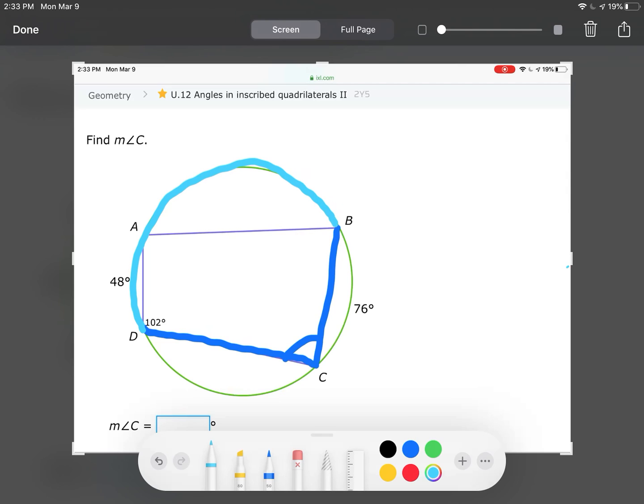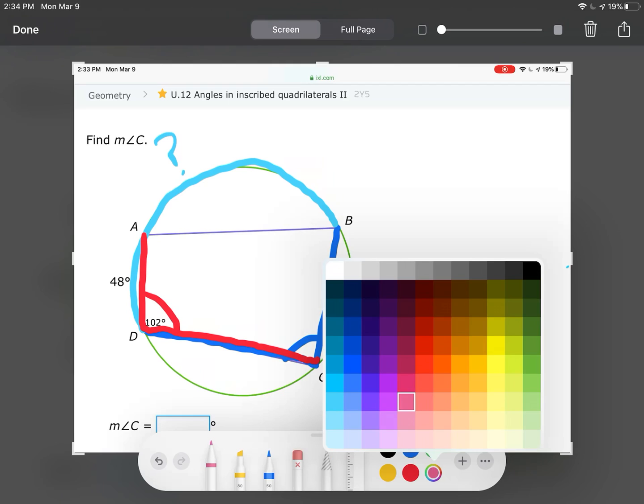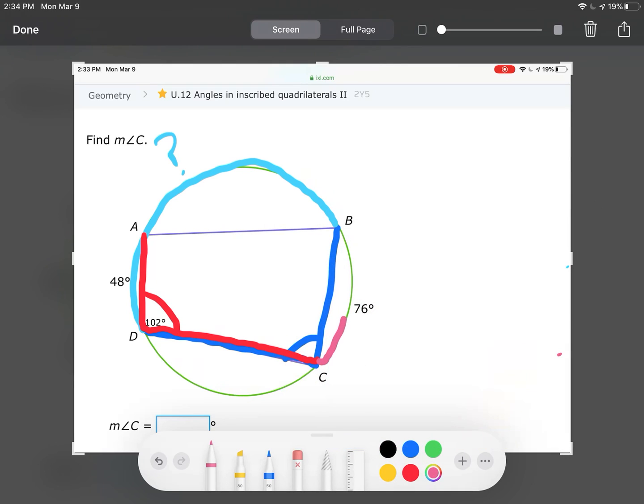Okay, so if we knew the light blue arc, then we would just divide by 2 to get the blue angle. Now we're going to be able to get the light blue arc by using this red angle, 102, right here. So this red angle opens up to this light reddish arc, of which we know this portion.